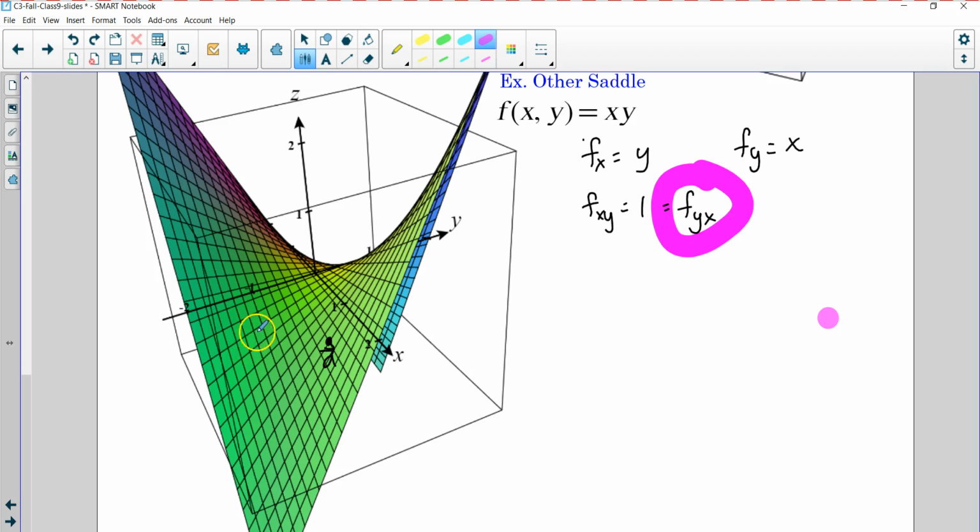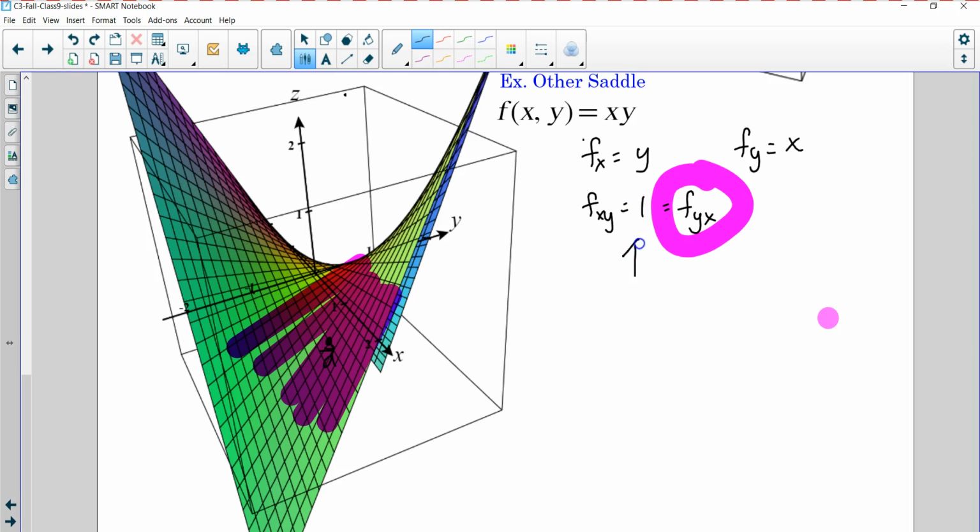So I can see, okay, well, it's starting flat, flat, and it's getting steeper as I go out, right? Okay, so what I'm thinking here is, okay, I know that, well, 1 is clearly positive, right? But I'm noticing that as x increases, f sub y, which would be the rate of change of the surface in the y direction, so again, keep in mind y is right there, f sub y, it's increasing, right?